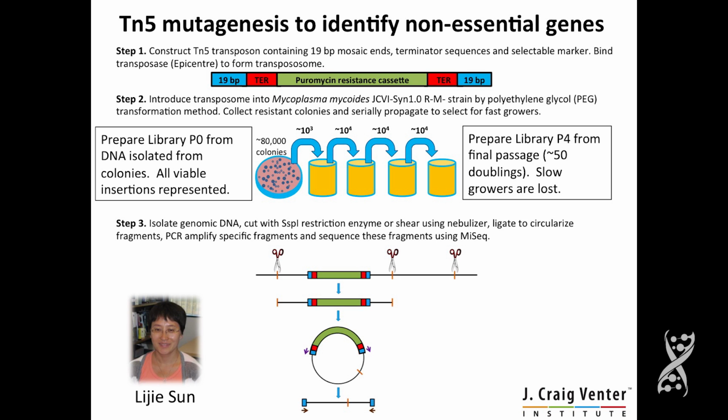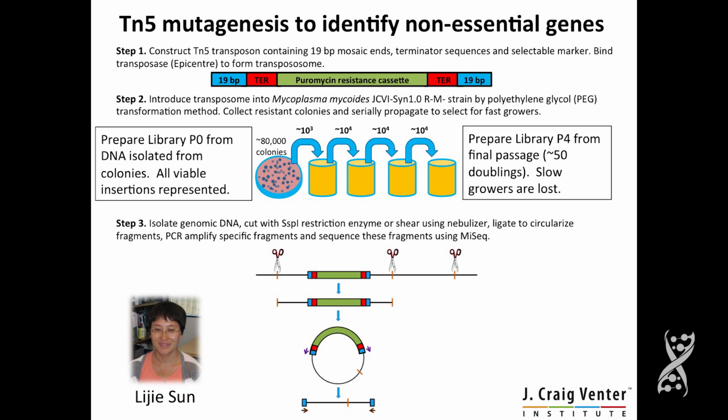So at the end, we had only vigorously growing cells, and any insertions in genes were considered completely non-essential. They didn't affect the growth. So we made DNA libraries of the P0 and the P4, did some inverse PCR, and then sequenced to find out where the insertions were.